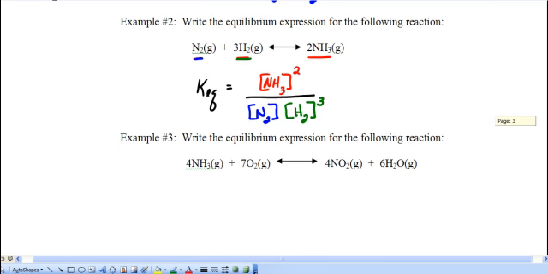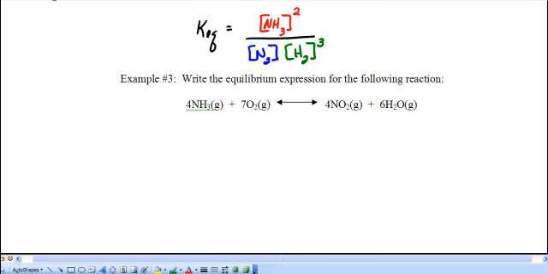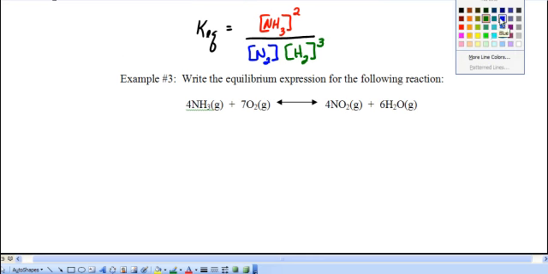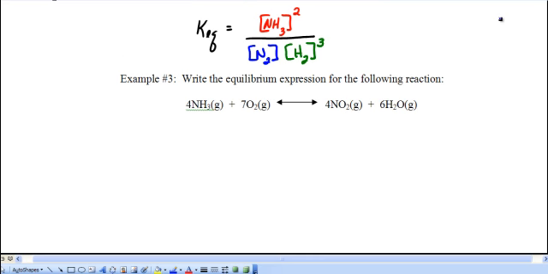And finally, I think everybody gets the gist here, so we'll just stay with one color. KEQ is going to equal, well, in this reaction you have ammonia reacting with oxygen to form nitrogen dioxide and water. So it's going to be products over reactants.